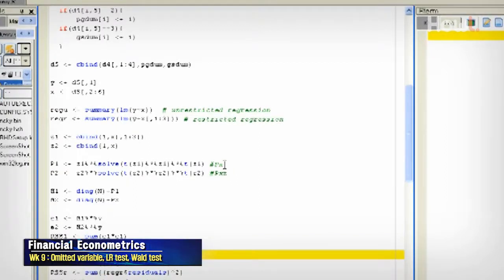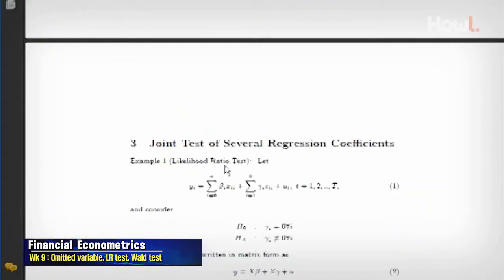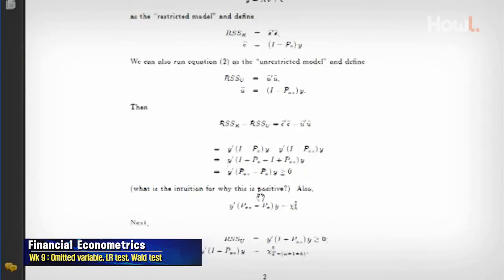Isn't it the trace of E1? What do you mean? I think there's an apostrophe in the RSS. Oh yes, that is true, but basically they are the same in this case. Actually, they are not the same.